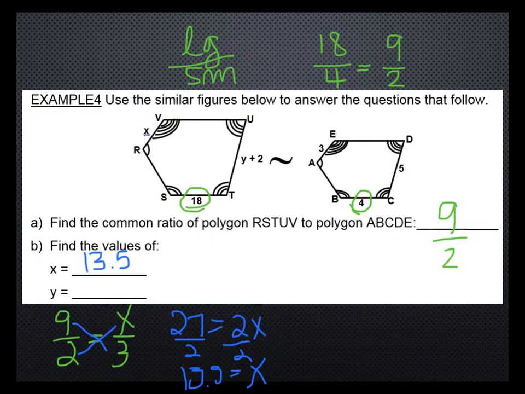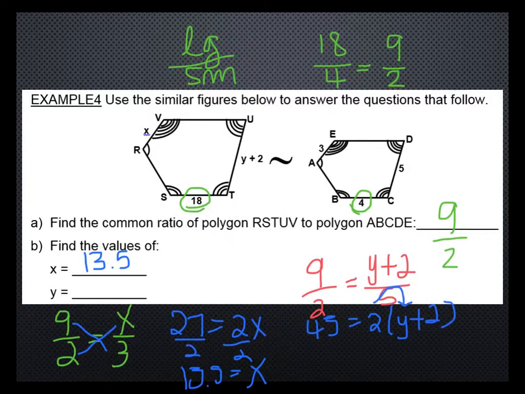Now let's find the value of y. Again, set up your common ratio. 9 over 2 is equal to our large side, which is y plus 2, over our small side, which is 5. Here is where we cross multiply and divide. 9 times 5 is 45, and that is equal to 2 times y plus 2.